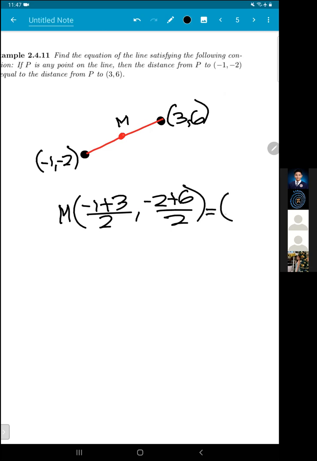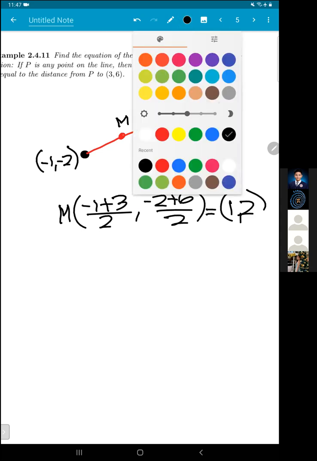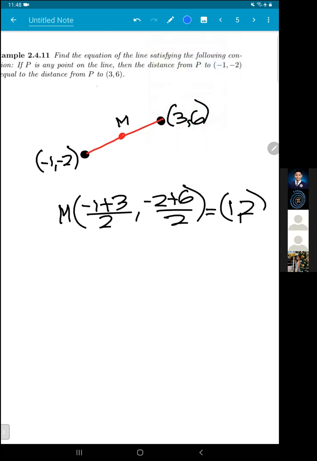So that would be negative 1, sorry, positive 1, 2. And then next, we get the slope of the perpendicular by getting first the slope of the segment. So formula lang yan.